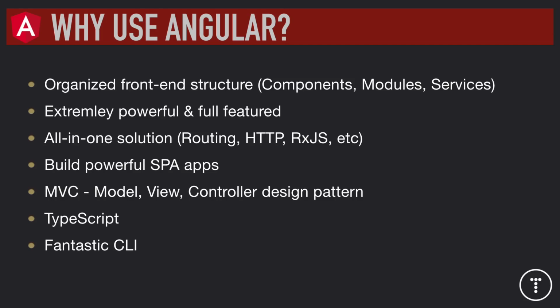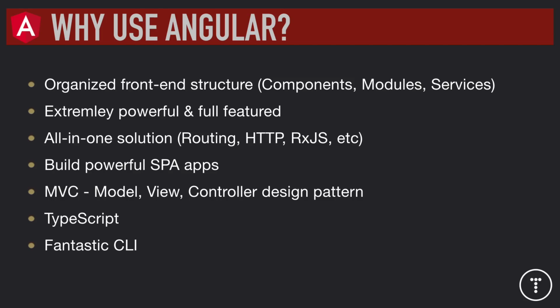Angular is used to build very powerful single-page applications. It uses an MVC type pattern, which stands for Model View Controller, which essentially was a back-end pattern, but with Angular we can structure our front-end applications in a similar way. It also uses TypeScript, which is a superset of JavaScript, meaning it includes everything JavaScript does plus more, including static typing and many ES6-like features such as classes, arrow functions, and so on.